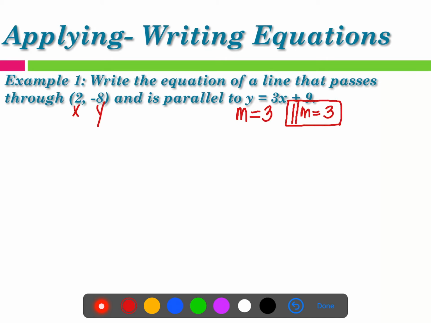Once I get my parallel slope, I'm going to cross out that line, the equation, because I no longer need that. I have all of the information that I need now. I have a slope and I have an x and a y value. I'm going to plug those in to y equals mx plus b.